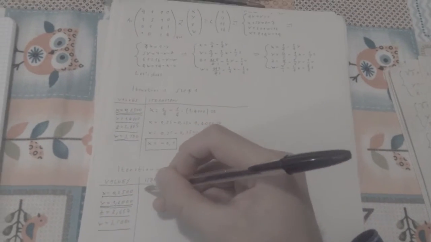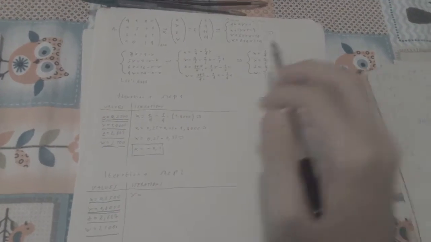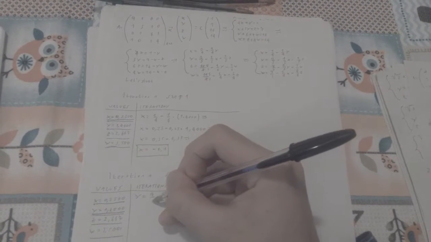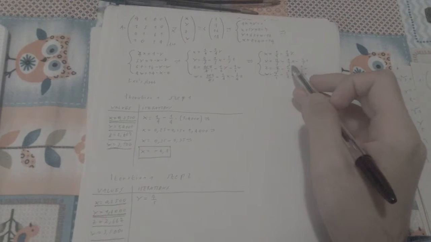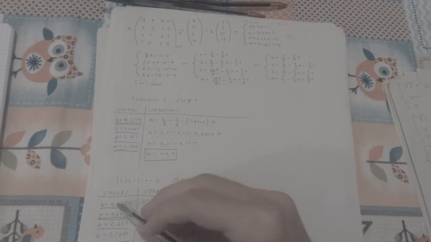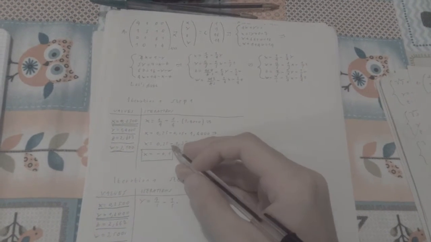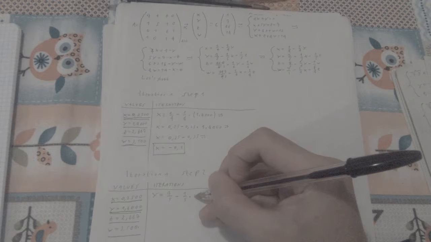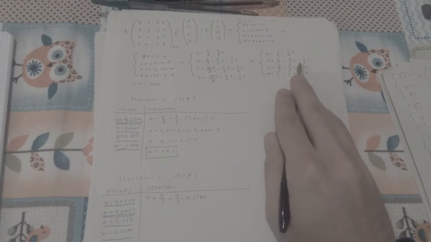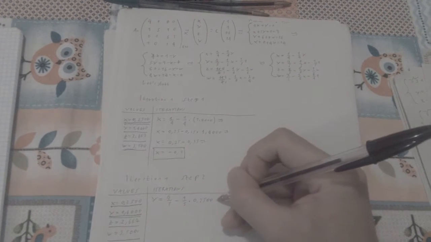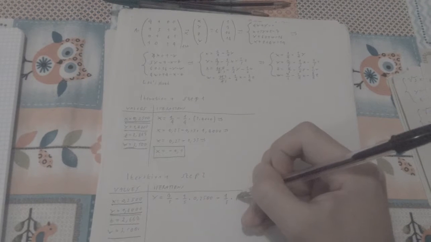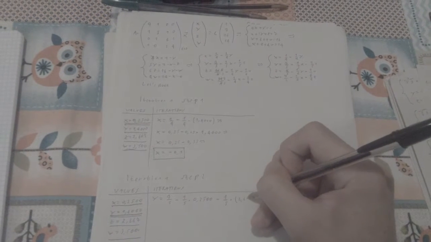So y is equal to 7/5, which is a scalar, not dependent on anything, minus 1/5 x. So 1/5 times x, the former x, not the new x, the former x, 0.2500, minus 1/5 z, so it's dependent on z, 1/5 times 2.667.